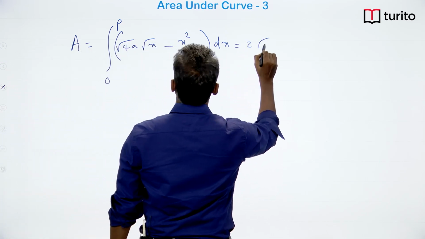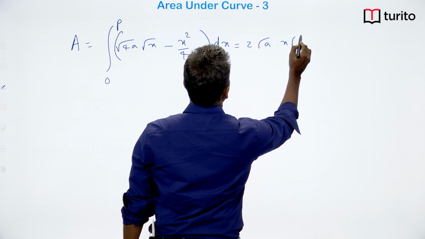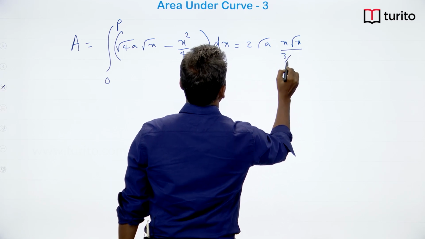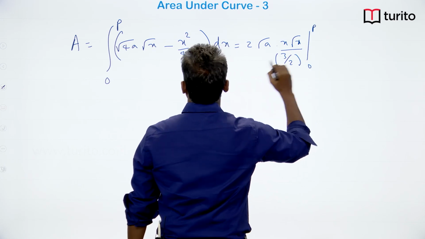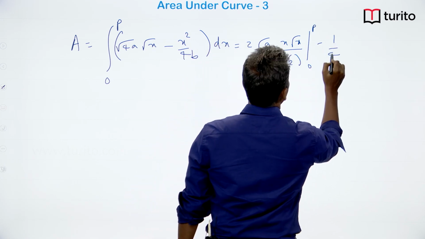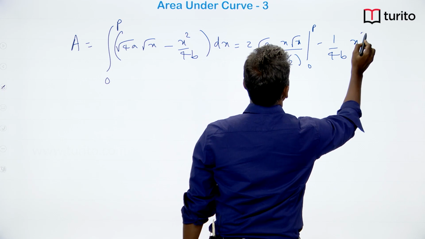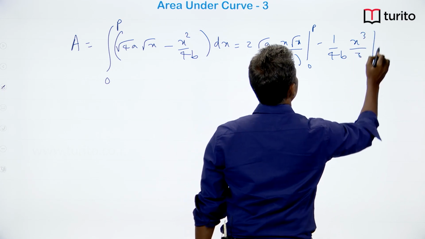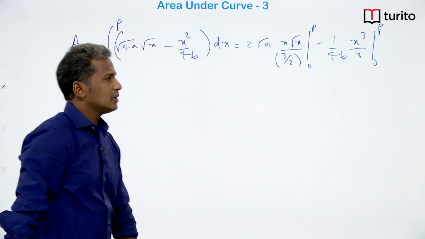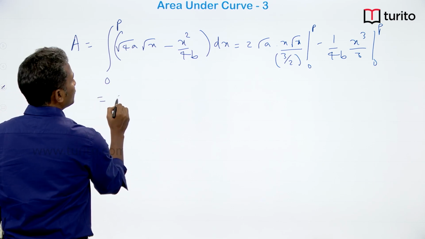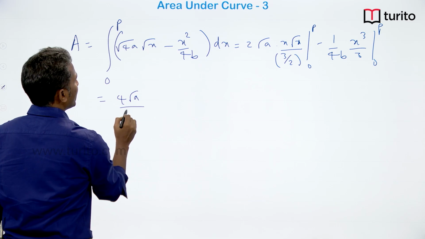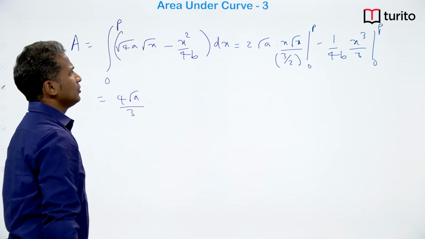So, I will straight away perform the integration. So, it becomes 2 root a into x root x by 3 by 2, limits going from 0 to p, and minus 1 by 4b into x cube by 3, limits going from 0 to p. Now, when I simplify this, I will get 4 root a by 3 and what is the value of x here?